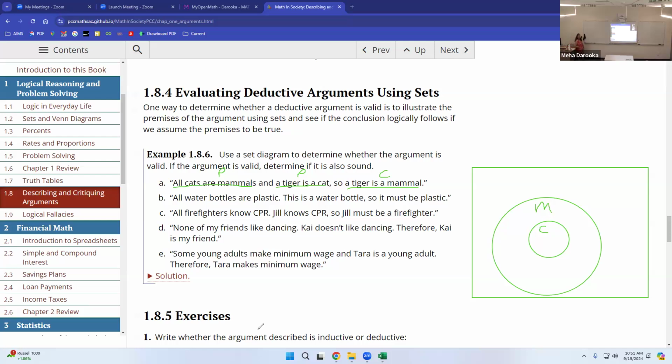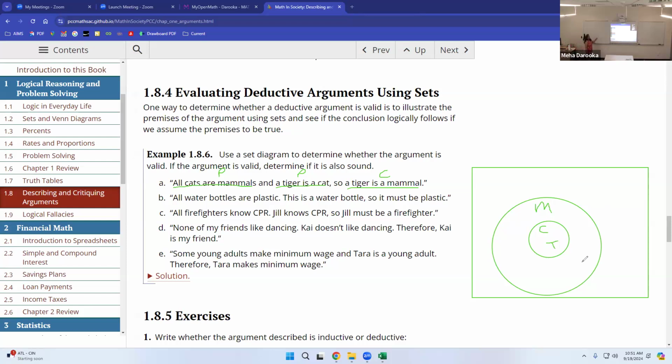We may see the solution has something completely different. So if a tiger is a cat, where would we put the little dot or an X for a tiger? Would we put it in the mammal circle? Would we put it in the cat circle? Cat circle. So our little tiger is going to go in there.